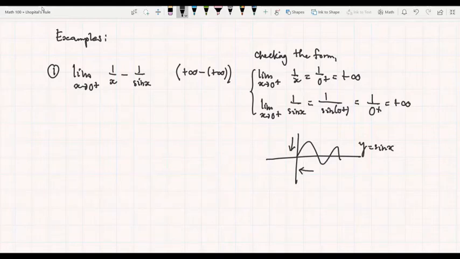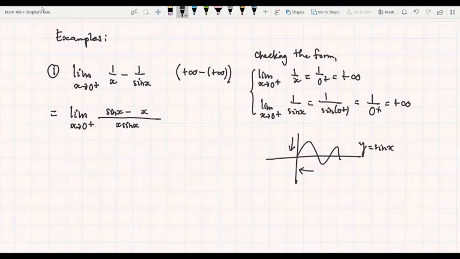For this specific form, our general strategy is to simplify the expression and hope that it will yield a limit of type 0 over 0 or infinity over infinity. So when we combine these two terms, we get the limit as x goes from the right of 0. So for the denominator, we have x times sine x. And then for the first term, it lacks the sine x. So we have sine x. And then for the second term, it lacks the x.